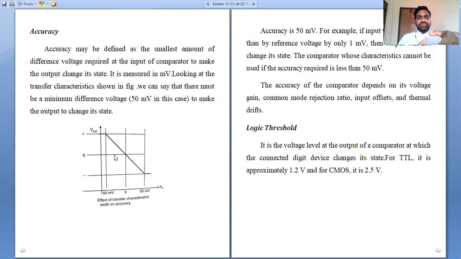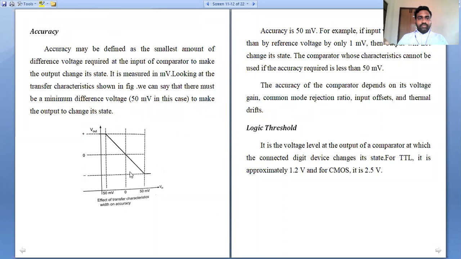What is the objective of a wide transfer characteristic? If the transfer characteristic of a comparator is wide with respect to input, the voltage gain will be good, the common mode rejection ratio will be very high, the input offset currents will be limited, and the thermal drifts or temperature effects will be limited. That means the transfer characteristics of accuracy are shown in a wide manner.